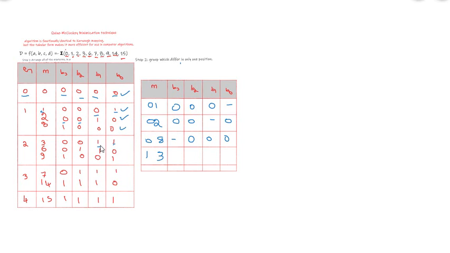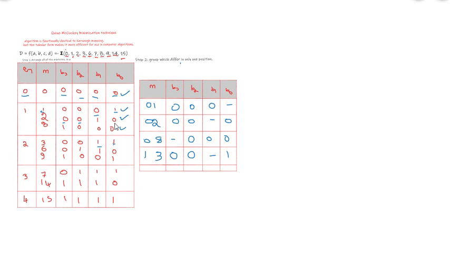B1 is 0 in 1 and B1 is 1 in 3, only B1 differs, all others are the same. B3 is 0 on both sides, B2 is also 0 on both sides, and B0 is also the same, 1. So in 1 and 3, both start with 0 0, the middle bit changes so we put a dash, and the last one remains 1.